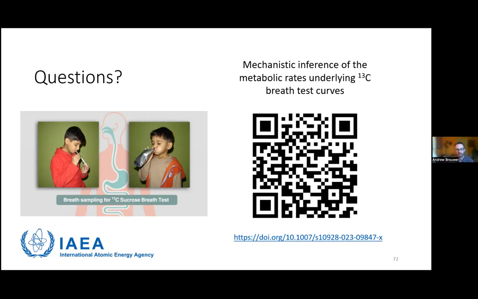What's nice though is that even if sucrose is not the right tracer, and there are some indications that it may not be, because digesting sugar is a really fundamental part of human digestion, and so it's probably not one of the first things to go when there's dysfunction, and so there's some indication that a different tracer might be worthwhile.